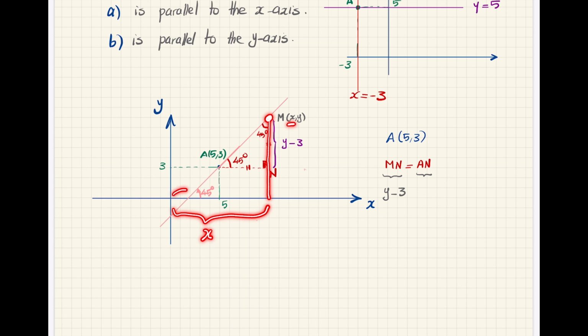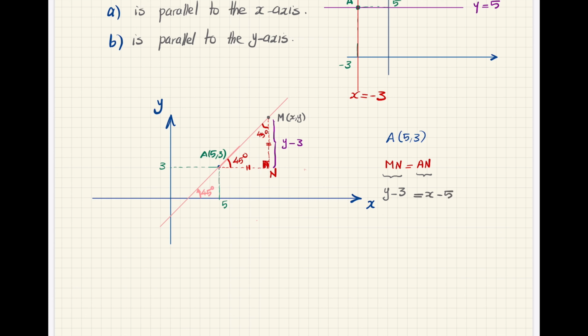If I ask you what is this length, it's clear, it's 5. And now if I ask you what is this length, it is x minus 5. But there is no difference between this length and AN. So AN is also x minus 5. Yes? So this becomes x minus 5.